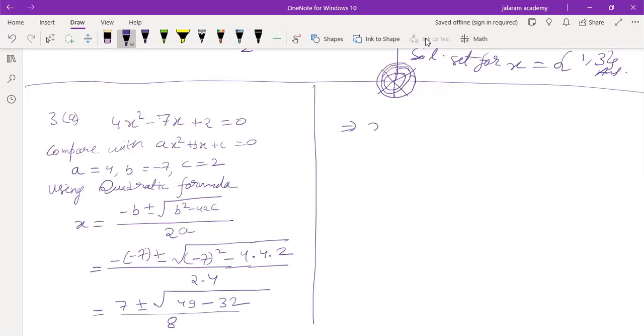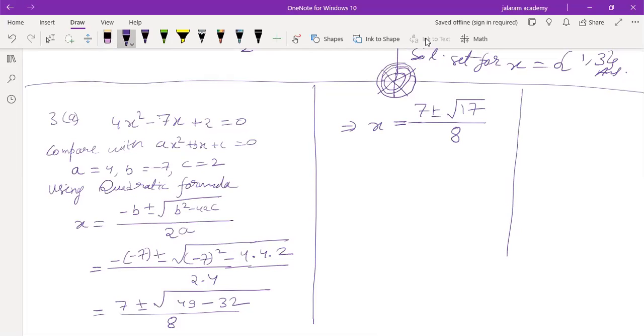So x equals, always draw this line first so that this sign of division can be at the center of the equals sign, neglecting the lines drawn on your notebook. Okay. So 7 plus minus root 49 minus 32 is 17, upon 8. Okay. So now we will find the square root of 17. Is that clear to you?